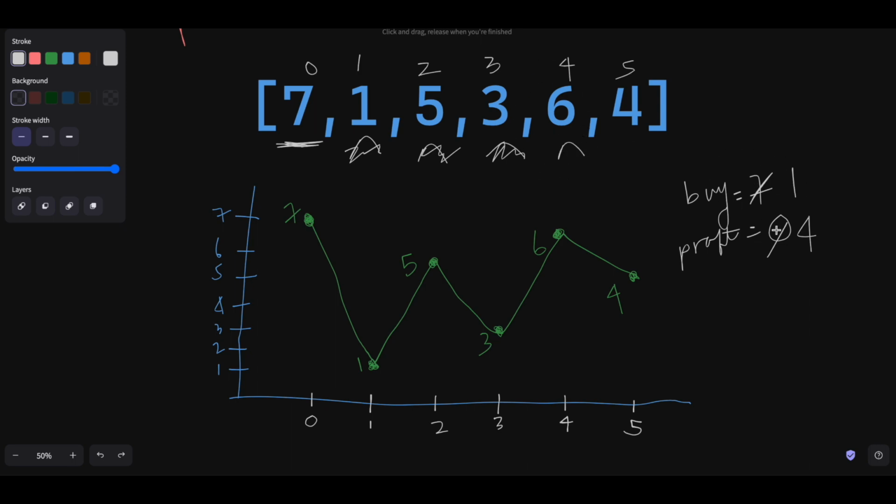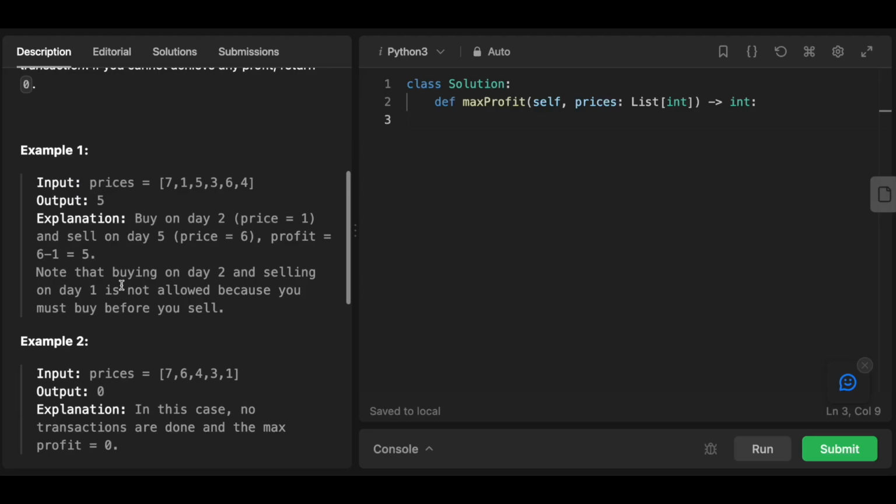Currently the best price to buy is still 1. 6 minus 1 is 5, and this profit beats the previous profit. So let's update that. Okay, and we're at our last day. Our potential sell price of 4 minus the buy gives us a profit of 3, which does not beat the current profit of 5, and that is indeed our answer.